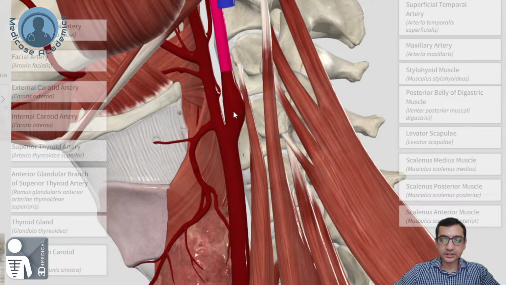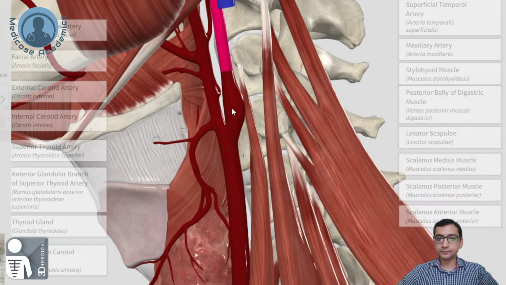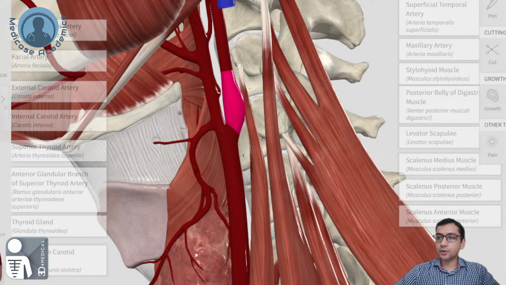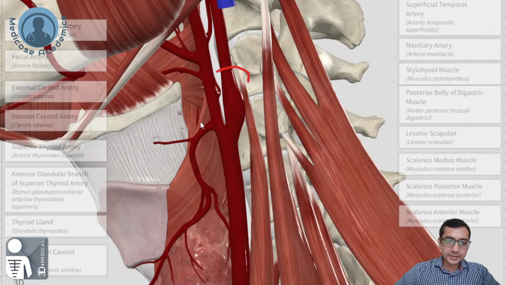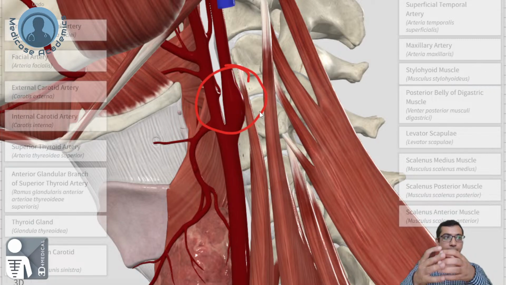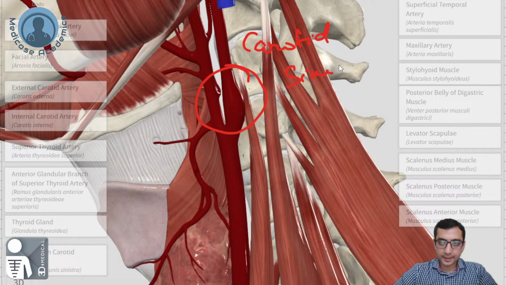But here is one interesting thing that you can see right here. Just near the origin of the internal carotid artery, it has a swollen structure. Here the wall is swollen like a balloon, and this is called the carotid sinus.